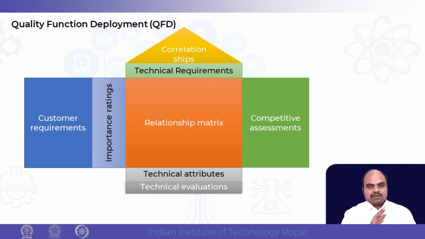Then these requirements given by the customer are ranked in terms of importance ratings. Then there are technical requirements. Technical requirements are the technical specifications or technical terms with respect to the product which you are trying to analyze.